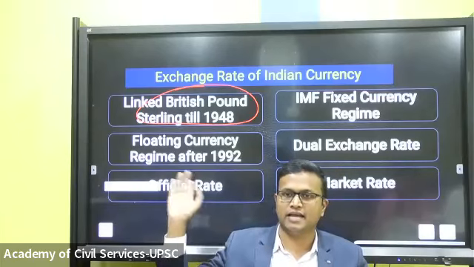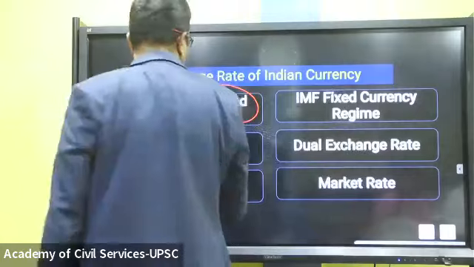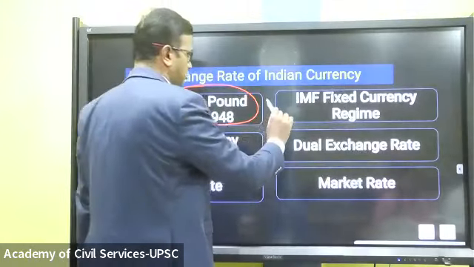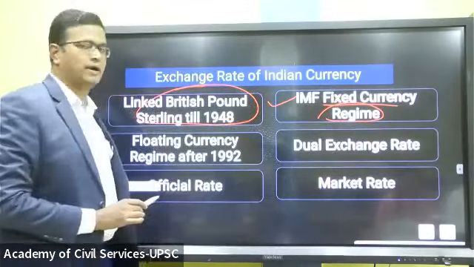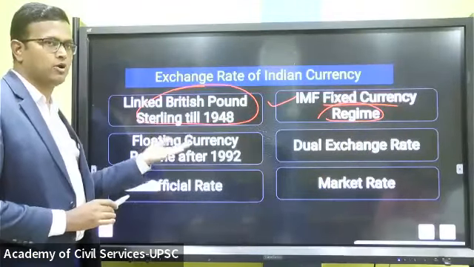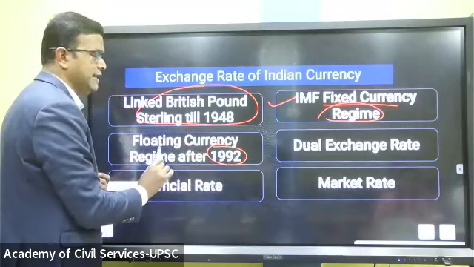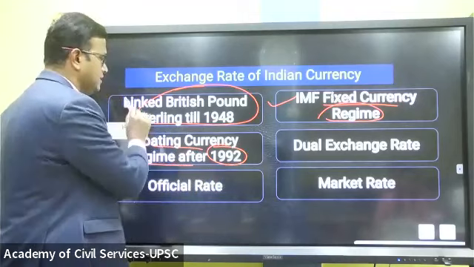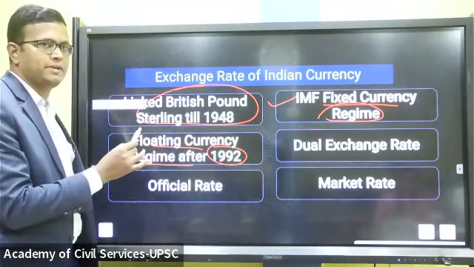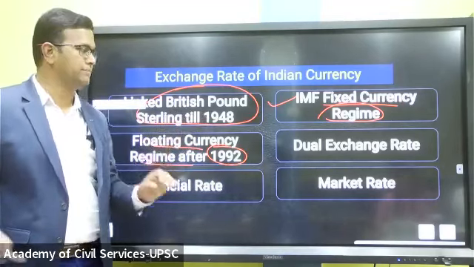My point is, till 1948, the exchange rate was linked with the pound sterling. After that, we followed the IMF fixed currency regime till 1991. After the 1991 economic reforms, in 1992, we decided that we will follow the floating currency regime. That means Indian currency's exchange rate will be decided by market forces of demand and supply.